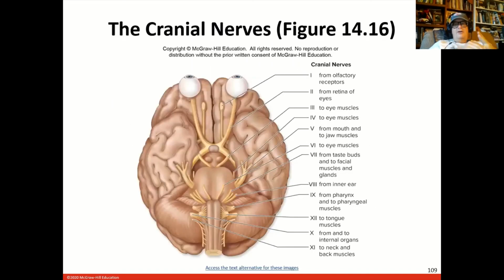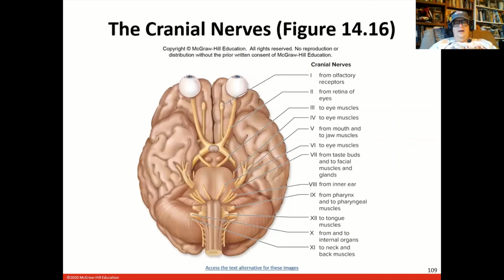All right, here are our cranial nerves. The first one, olfactory receptors, that is smell. And from the retina of the eyes for the second one, that's the optic nerve. Eye muscles, and for 3 and 4, those are to control movements of the eyes.